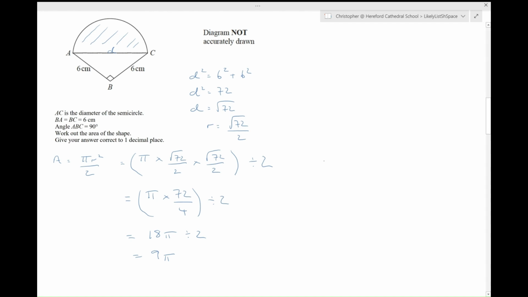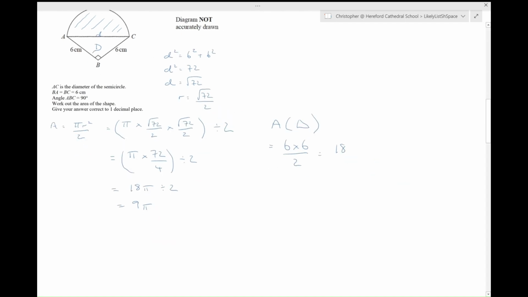I'm also going to need to know the area of that right-angled triangle, this one here, which I'm going to write a big D in the middle of. Now that is base times height divided by 2, so it has an area of 18. So the area of the whole shape is going to be 9 pi for the semicircle plus 18 for the triangle.